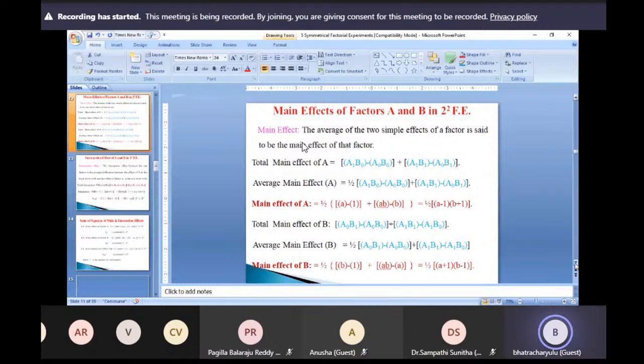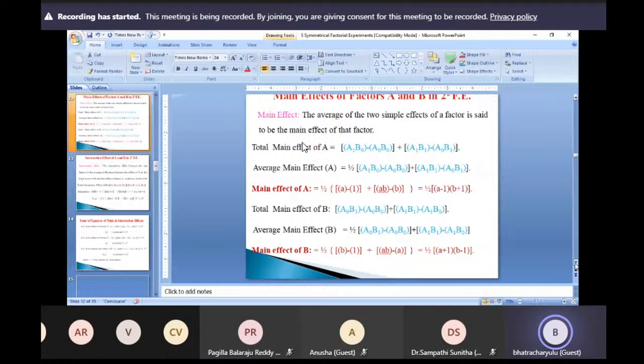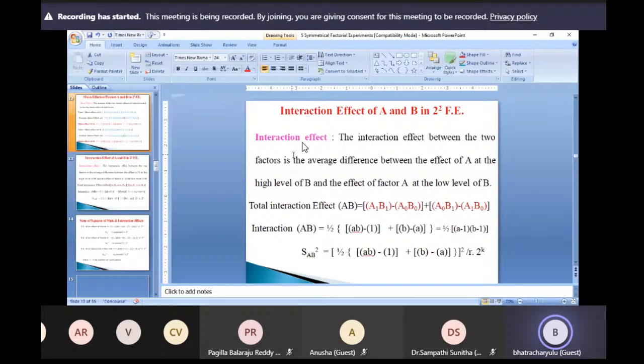Now, this is the main effects calculation, and now the interaction effect. The interaction effect between two factors is the average difference between the effect of A at the high level of B, and the effect of A at the low level of B. So this is one interaction effect, this is another interaction effect, and both you add, that is the total effect, and take the average of that.